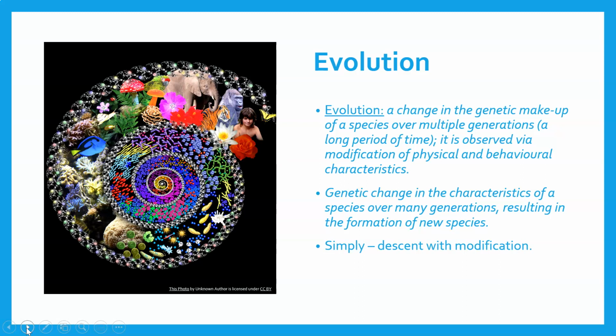Even with things that are man-made, think of the mobile phone: mobile phones are modified to become more useful. When you think of living organisms over millions of years, they adapt to cope with their surroundings in a very similar way. So, descent with modification.